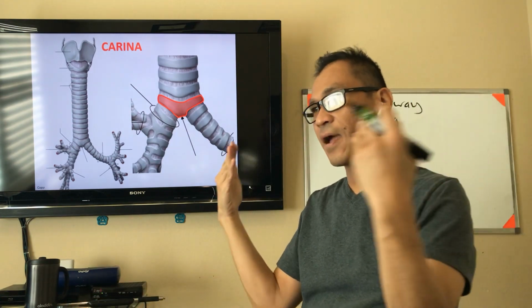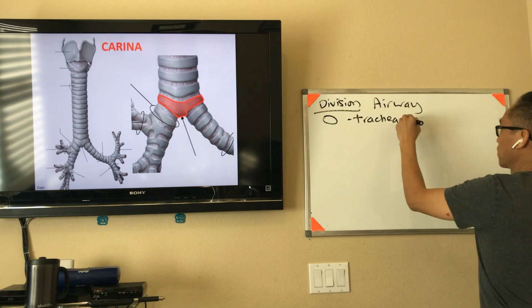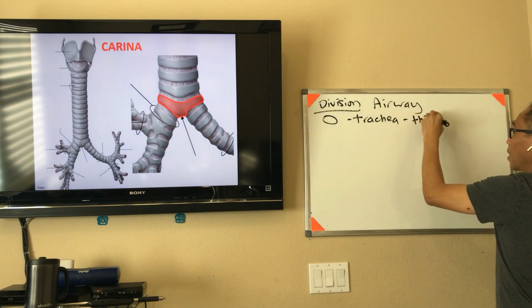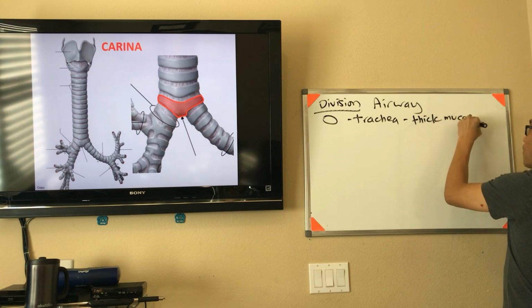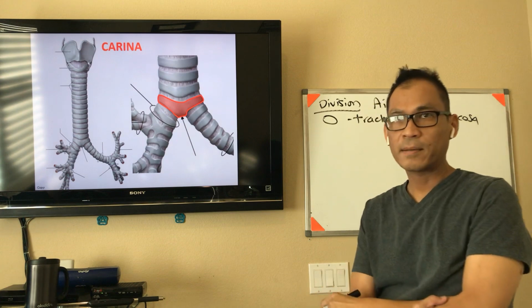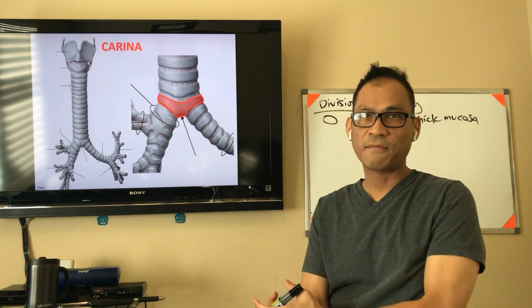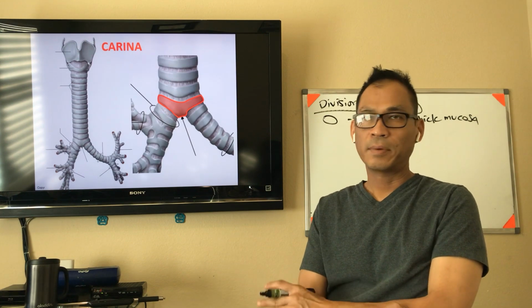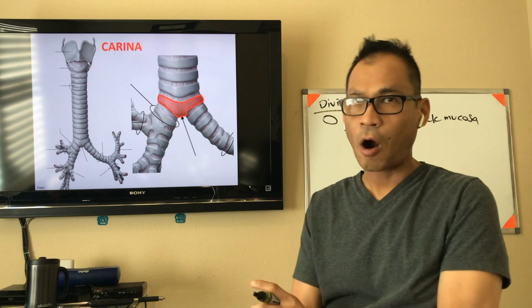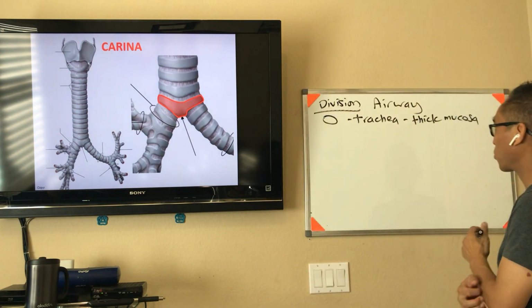We're just conducting the air down to the lungs, and it has a very prominent mucosa. I'll just say thick. Obviously, you have to know the details. It's got that stratified columnar epithelium. It's got the cilia. It's got the goblet cells. It's a mucous membrane. It's great for conducting air, but not for gas exchange. And it had very prominent cartilage rings, C-shaped cartilage rings, another prominent feature.